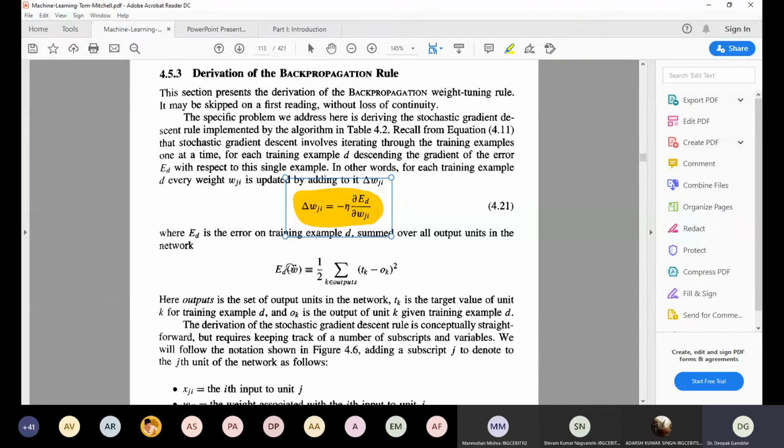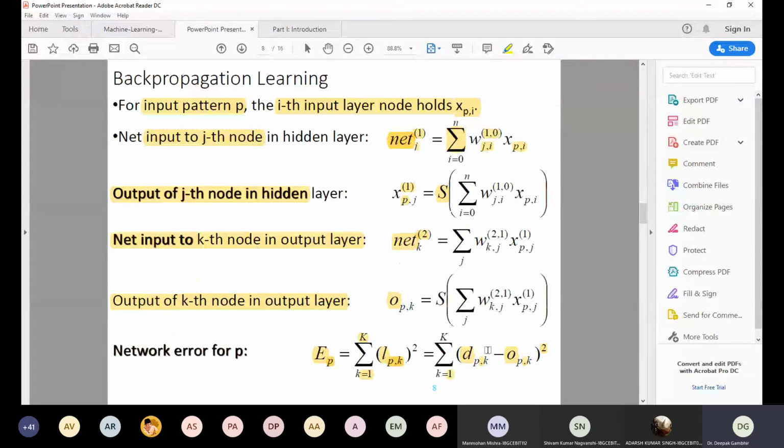The error we have considered is the summation of t minus o, that is the target minus output whole square, for each of the output k. And this 1 by 2 is immaterial, you can use it or not. In this slide I have not shown it.